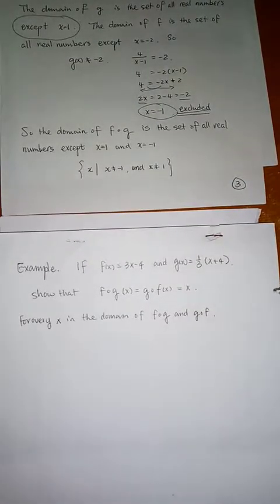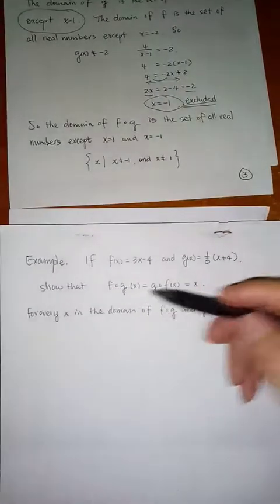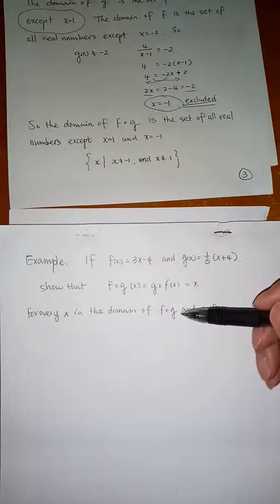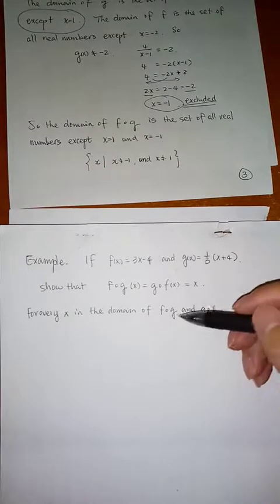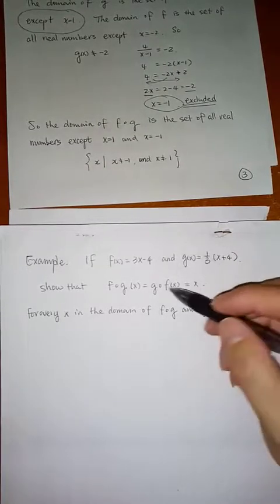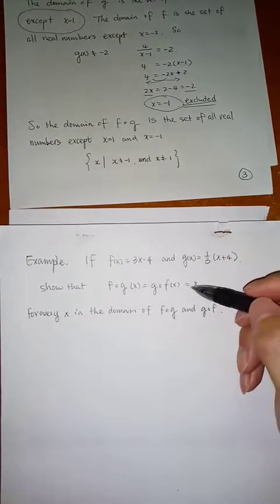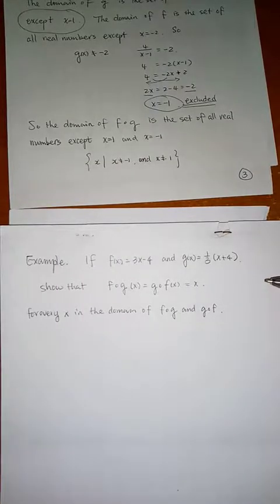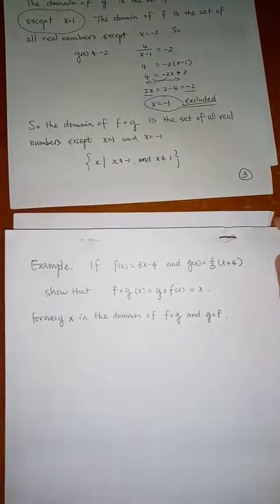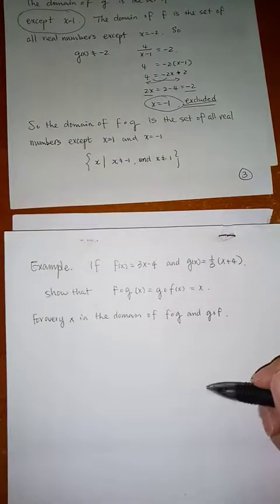Okay, so we mentioned in general these two composite functions are not equal to each other, but for this example, just say for certain pairs you can exchange them, and they are both equal to x. This is just a special example.